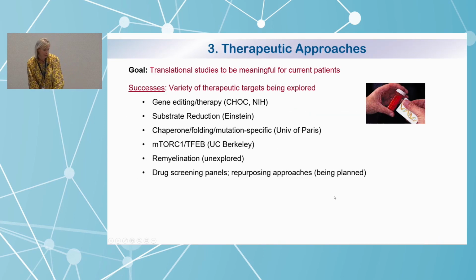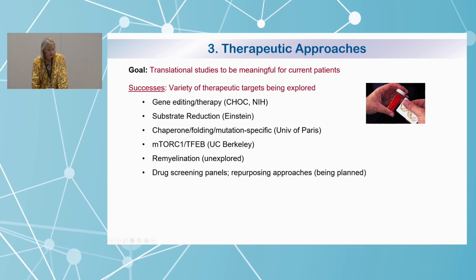And then finally, therapeutic approaches. So our goal is to perform translational studies that are meaningful for patients now, for current patients. And we have identified a variety of therapeutic targets already known from other lysosomal storage disorders or other diseases. And several groups are pursuing different targets, and all in collaboration.